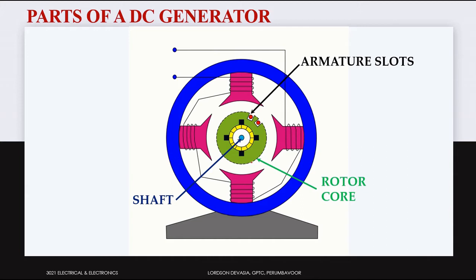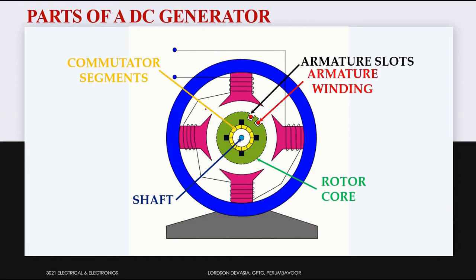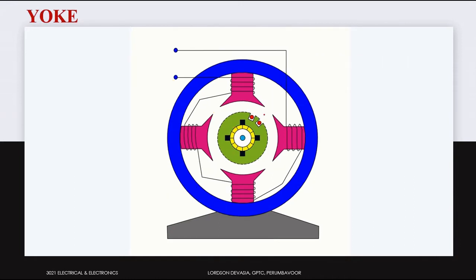The rotor is also known as armature. This is the armature winding, and these are the commutator segments, and we will discuss in detail in the next slides.